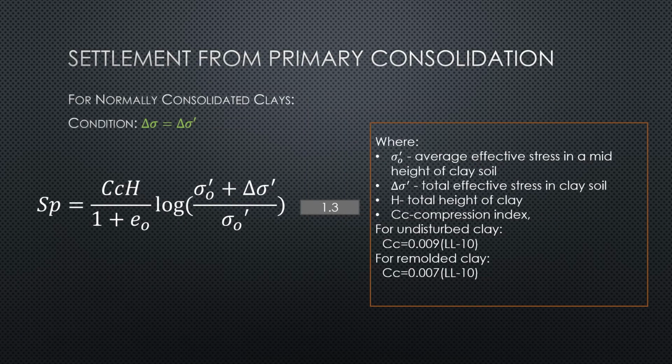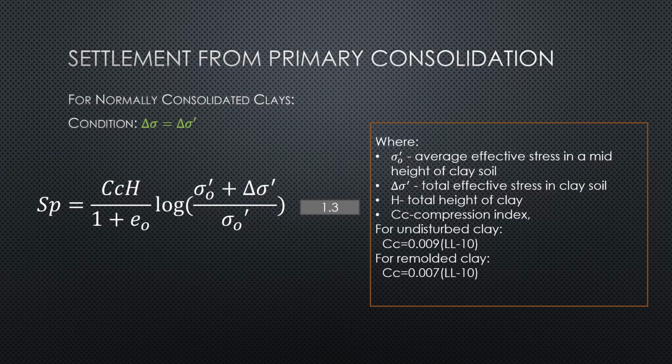So, settlement from primary consolidation with consideration for normal consolidated clays. How do you consider normal consolidated clays? So there is a condition: when delta sigma, or the total stress, is equal to the total increase in effective stress, that is the condition.